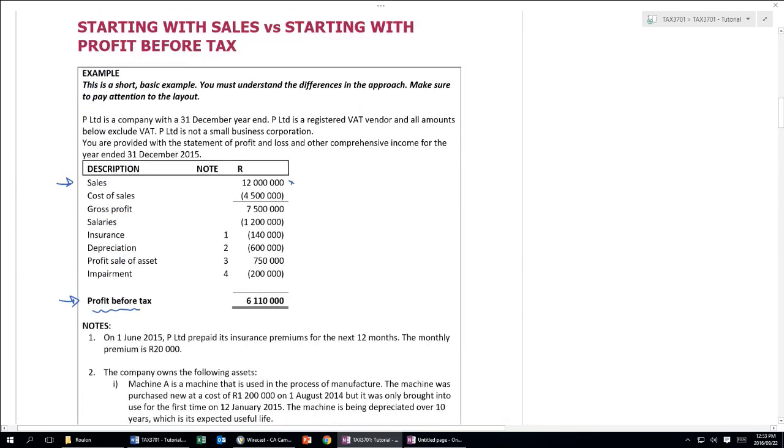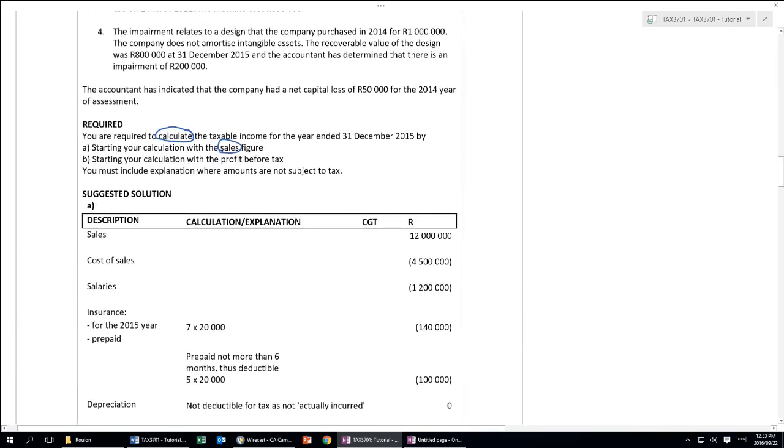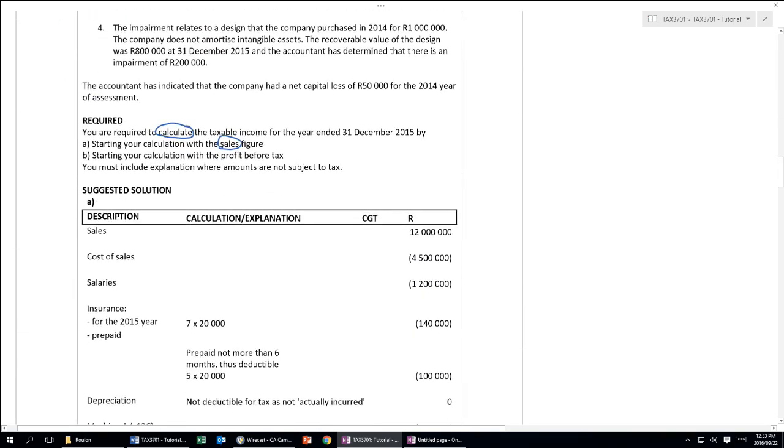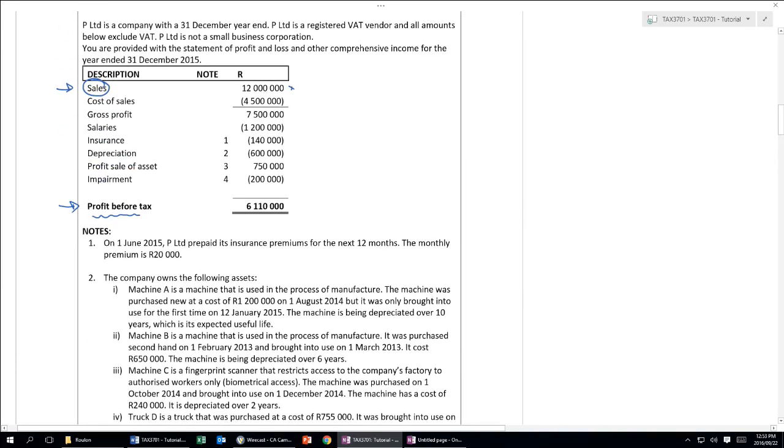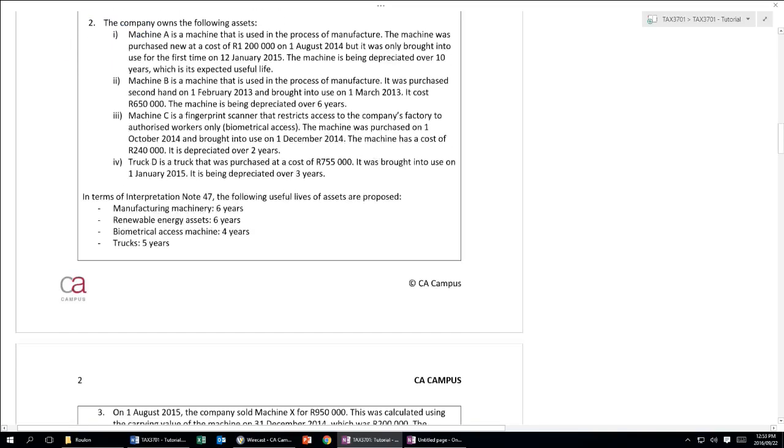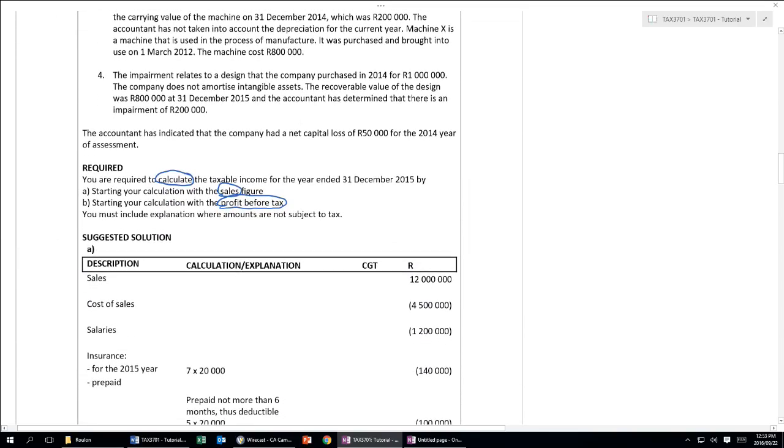Right, so sales figure basically means we have to start over here with sales figure, and B, starting it with a profit before tax figure. Okay, and again, if I take you profit before tax, starting over here. All right, and then it tells you must include an explanation where amounts are not subject to tax.